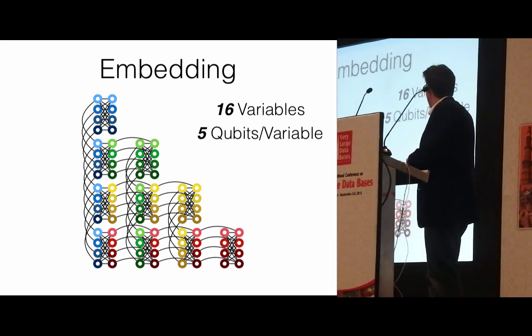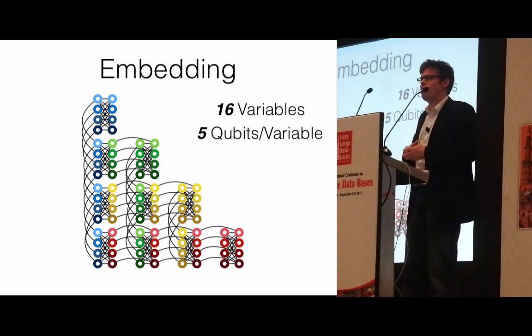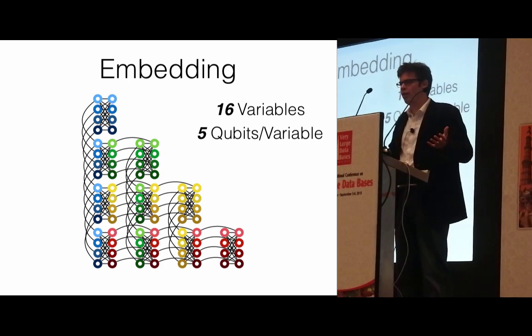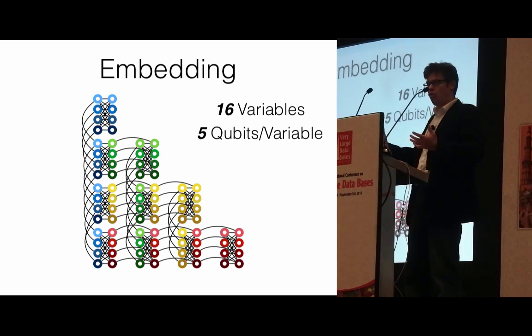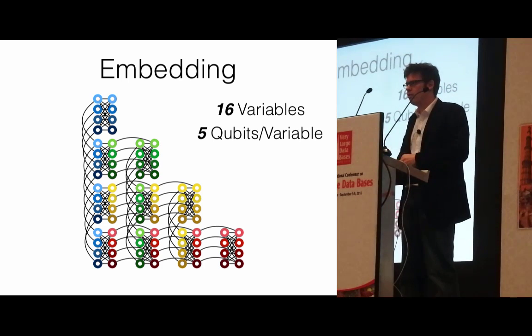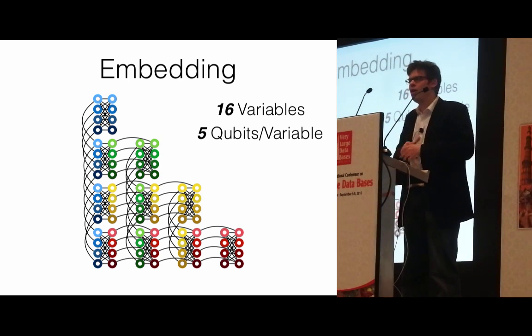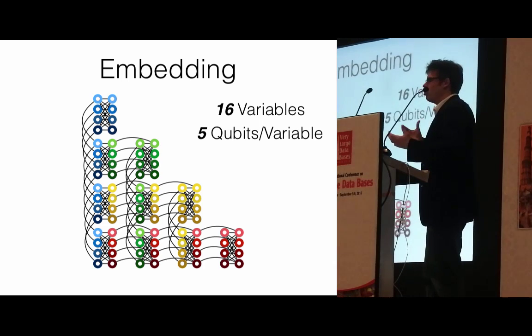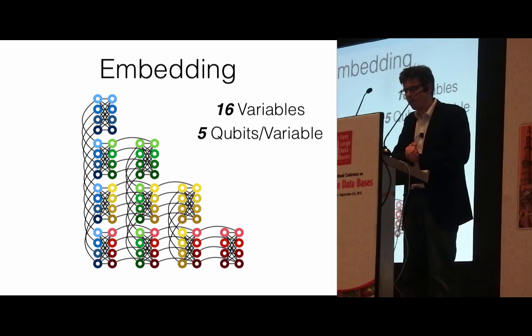The problem is, however, that the number of qubits that I need to represent one variable keeps growing. So the number of qubits on the current machine is very limited. We have around 1 kiloqubit. So we want to be very efficient about how we use those qubits.